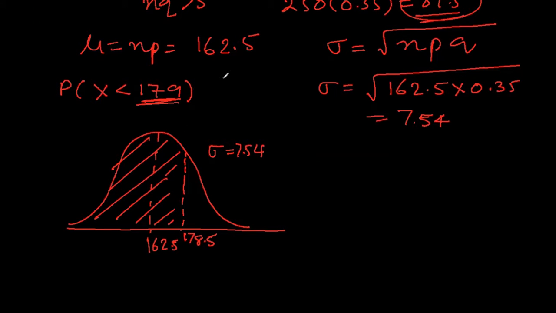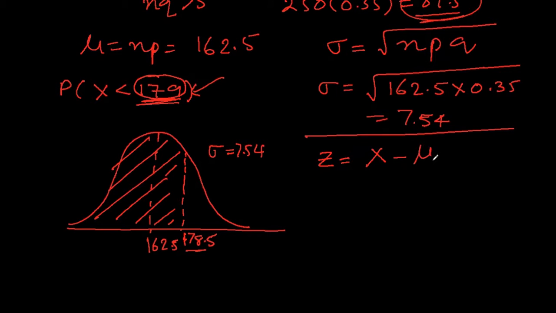So this is a key idea. Please never use the one which is a complete number. Try to come closer to the number you want. And that's why I have come closer to 178 by using 178.5. So I need to use Z score first. So let's find Z score, which is the X value minus mean divided by standard deviation.